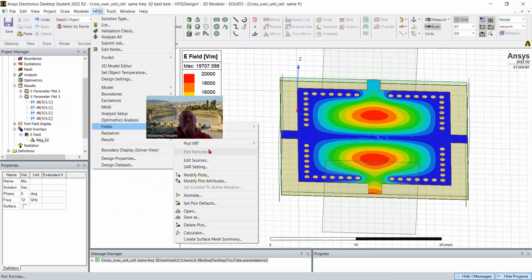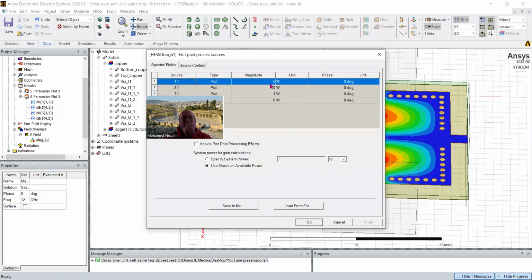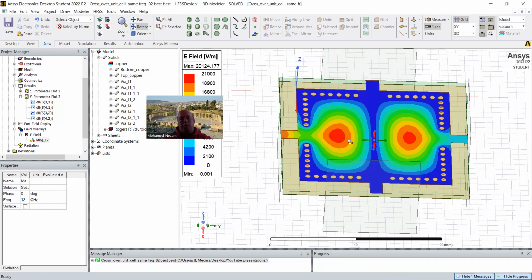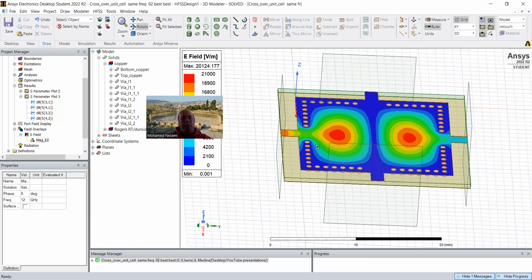Port 1 is excited, and when we go from side 1 to 2, the signal propagates to the other side.